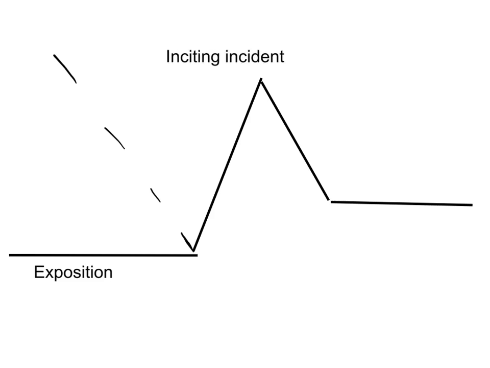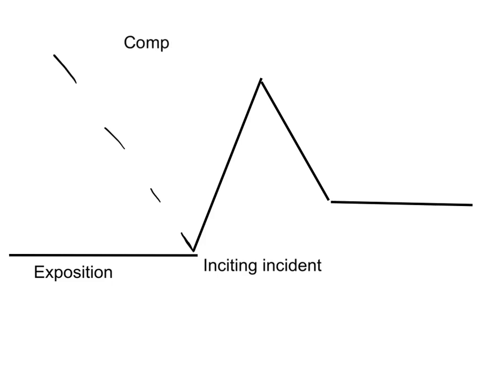Now, both the exposition and the inciting incident are associated with Act 1. The exposition, remember, introduces the characters and the setting, and the inciting incident is the turning point of our story. The line going up, sometimes known as the rising action, we refer to as the complication, something to improve our vocabulary with.